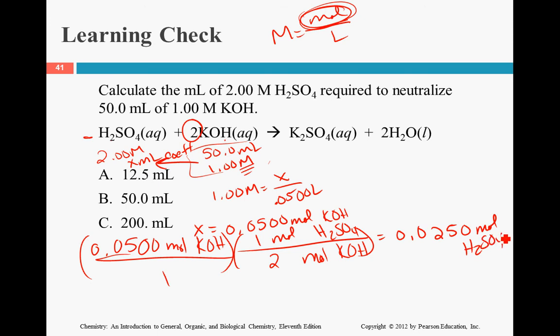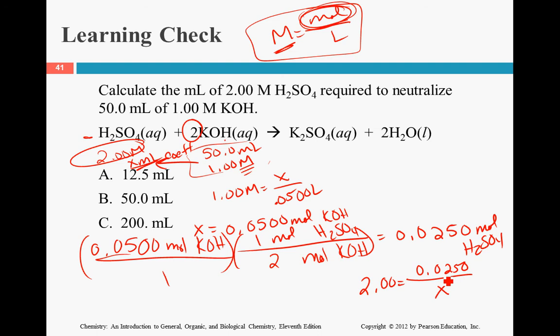Now we have the moles and we have the molarity. We want to know how much volume we need. So once again, we're going to use the molarity equation because we know what the molarity is. So 2.00 is equal to 0.0250 over x. Now this is going to be a bit tricky because of the fact that the x is on the bottom. If we put this over 1, we can cross multiply. So that becomes 2.00x is equal to 0.0250.